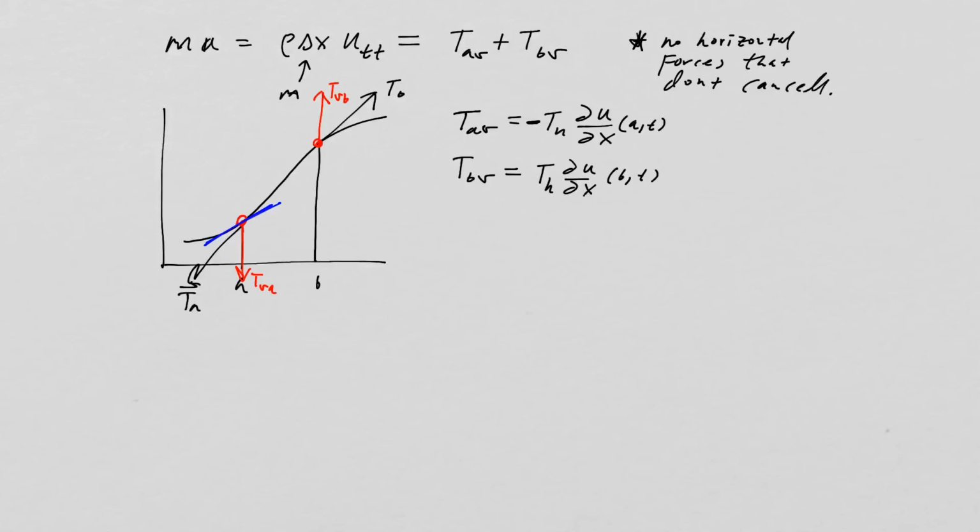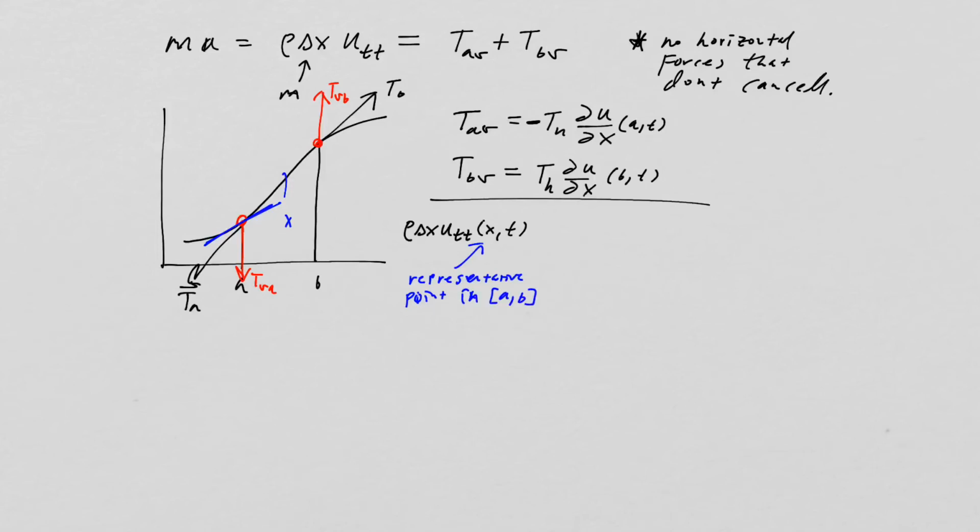All right, we've derived that from before, so let's put this together. This is going to be at x comma t, and it should be noted here that we're just picking some point, call it x, some sort of representative point in a comma b.